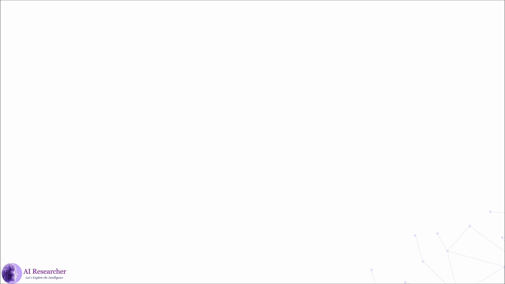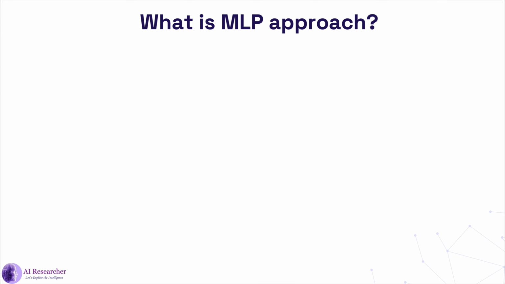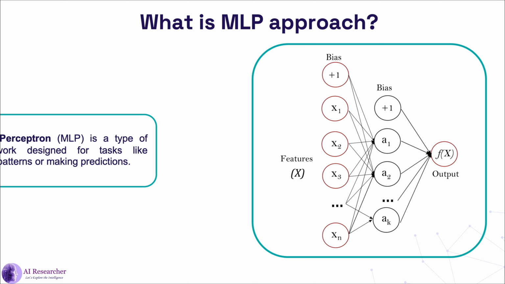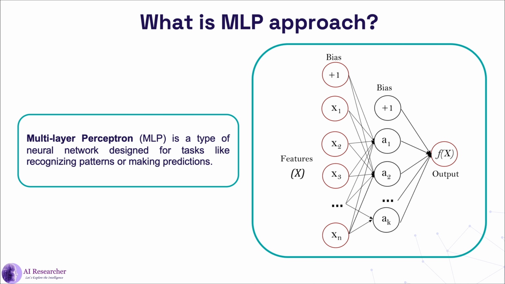So let's talk about the basics of MLP. Here is a simple overview of multilayer perceptron. First, it is a type of neural network which is designed for tasks like pattern recognition and making predictions. So what is a perceptron here?